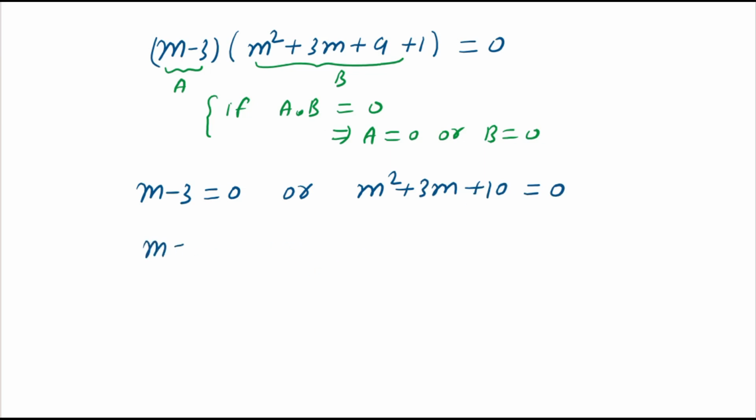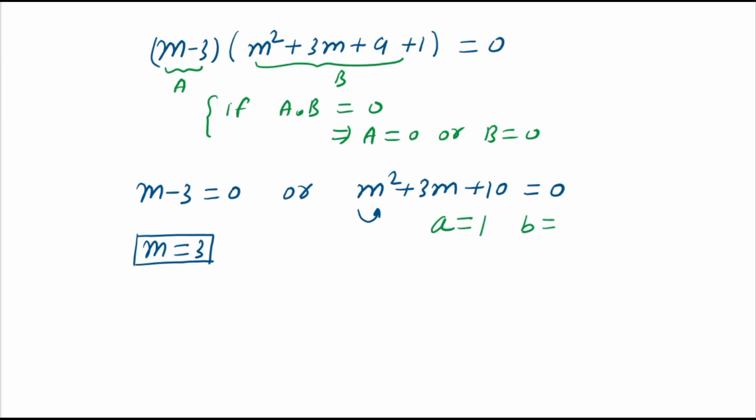Here the value of m is 3. And look carefully, here we have a quadratic equation. So first we will check the discriminant of this quadratic equation, because we will talk about only real solutions. The value of a is the coefficient of m^2, which is 1.